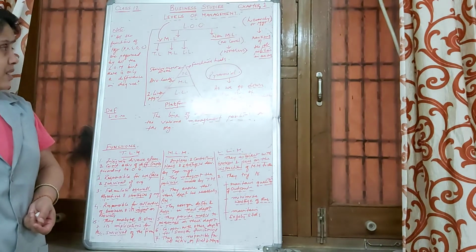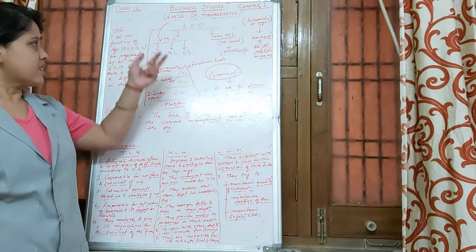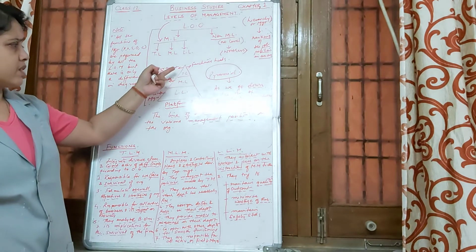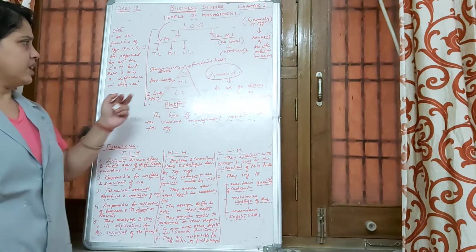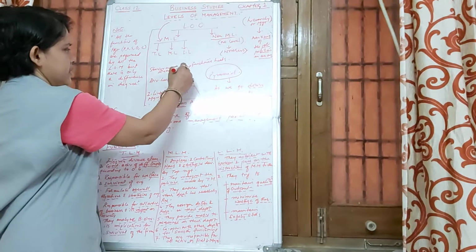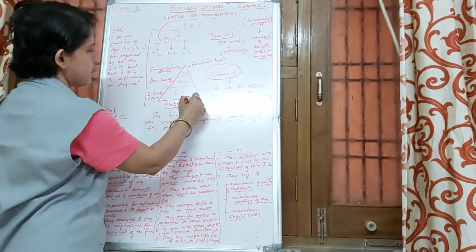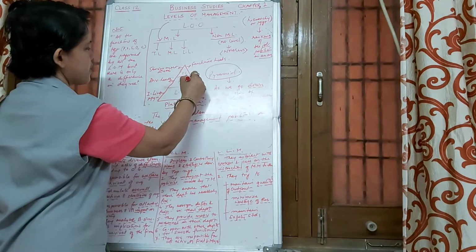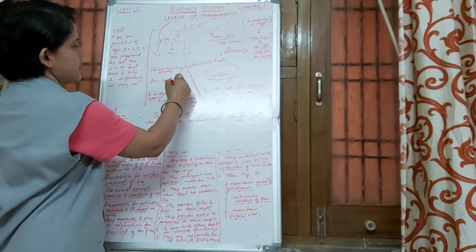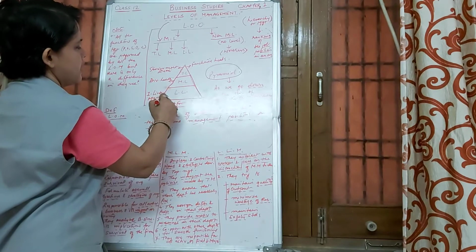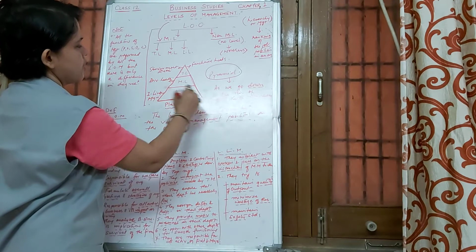Now we can just understand these three levels of management on the basis of this pyramid. Now you can see this is a pyramid which I have drawn here. This is a chart. Top level, here it is middle level and lower level.